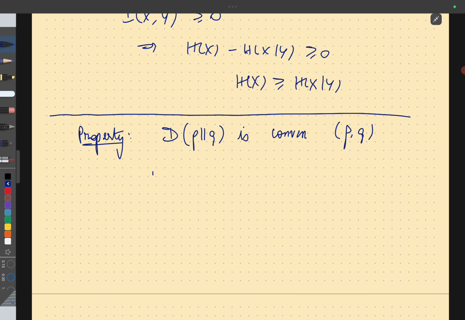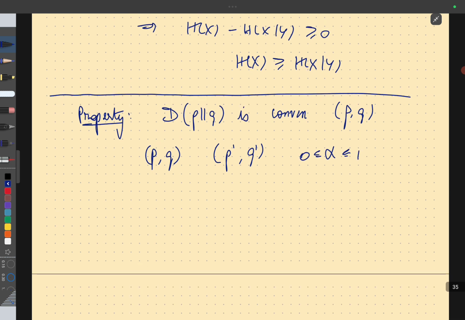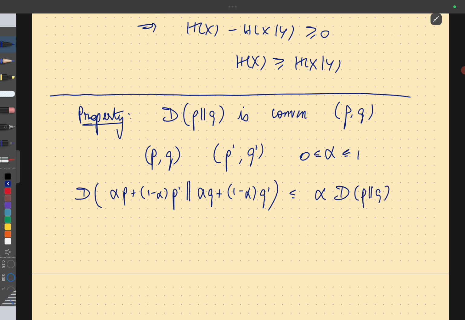What does this mean? It means that if I take a PMF pair P, Q, and if I take another PMF pair P prime, Q prime, and any alpha between 0 and 1, then the KL divergence between the distribution alpha P plus 1 minus alpha P prime and alpha Q plus 1 minus alpha Q prime is going to be less than or equal to alpha times the KL divergence between P and Q plus 1 minus alpha times the KL divergence between P prime and Q prime.